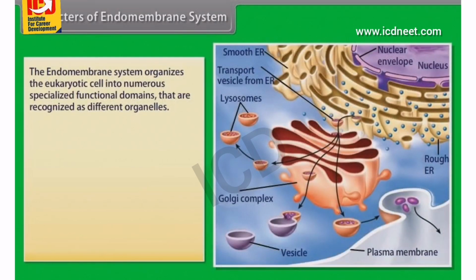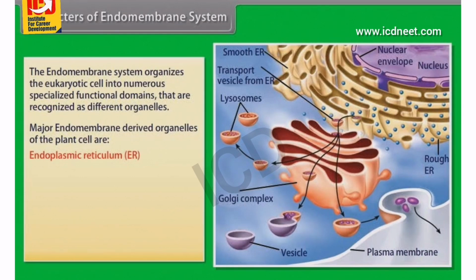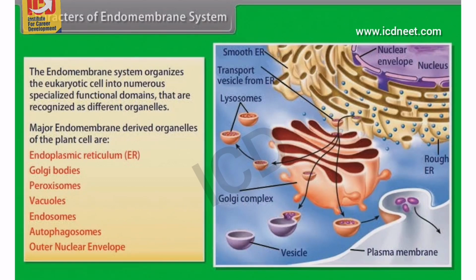The endomembrane system organizes the eukaryotic cell into numerous specialized functional domains that are recognized as different organelles. Major endomembrane-derived organelles of the plant cell are endoplasmic reticulum, Golgi bodies, peroxisomes, vacuoles, endosomes, autophagosomes, outer nuclear envelope.